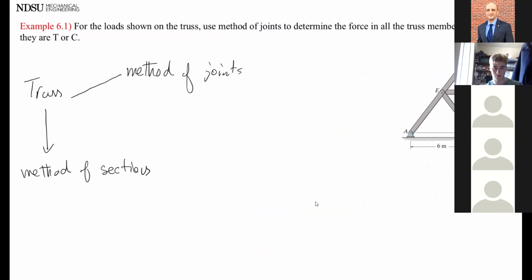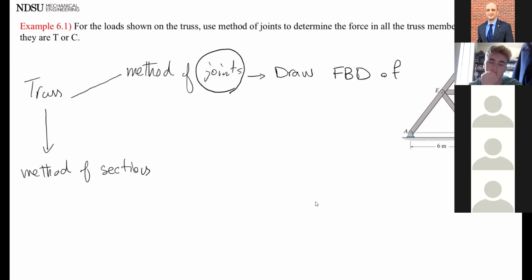So in method of joints, what I have to do is draw a free body diagram of what? You guys remember? It's called method of joints. That should be a good hint for you. I have to draw a free body diagram of one of the joints. Method of joints. So I'm going to have to draw a free body diagram of each joint.